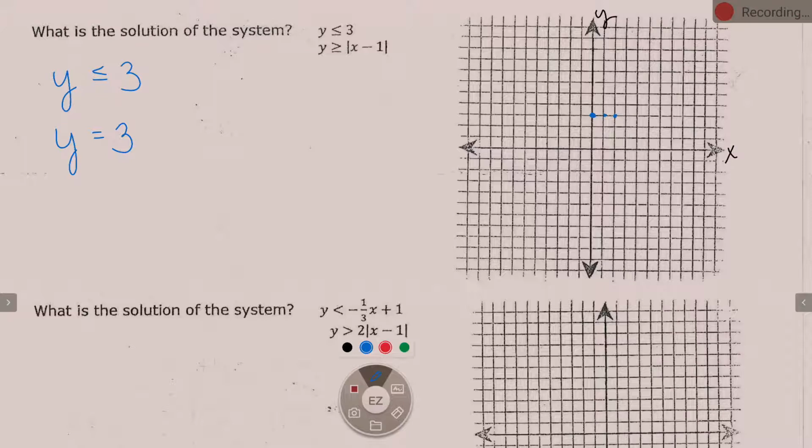Okay? What type of line and what type of shading? Solid and shaded. I heard solid because it is equal to. Where are we shading?